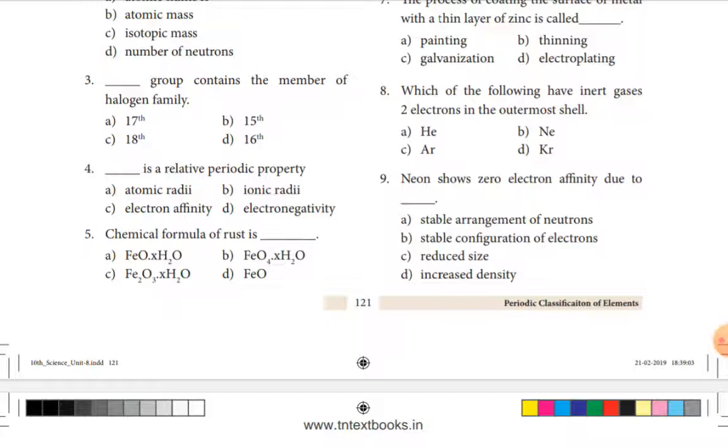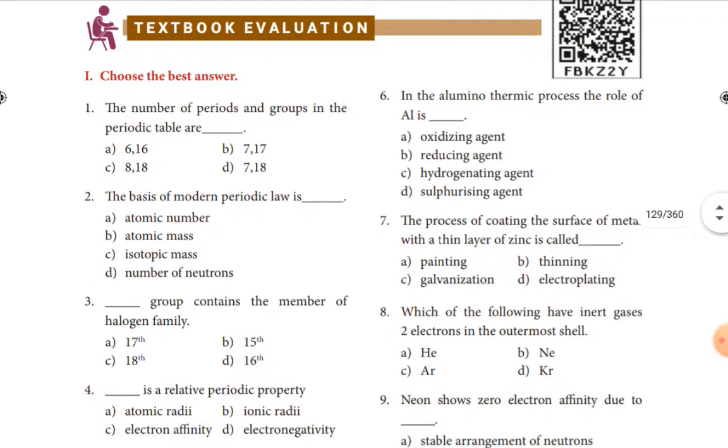Then next one, sixth one, in the aluminothermic process, the role of aluminium is reducing agent. Aluminium is a powerful reducing agent which reduces the oxide of iron into iron. The process of coating the surface of metal with a thin layer of zinc is called galvanization.